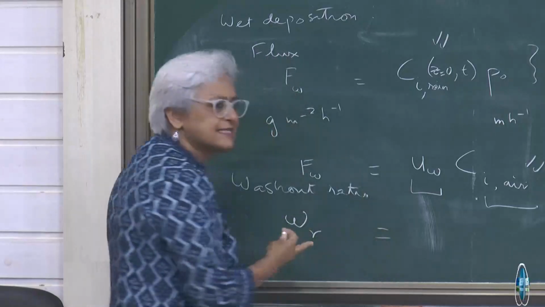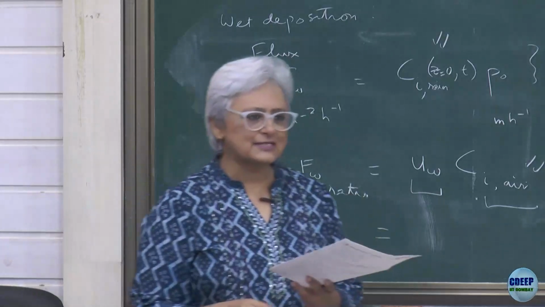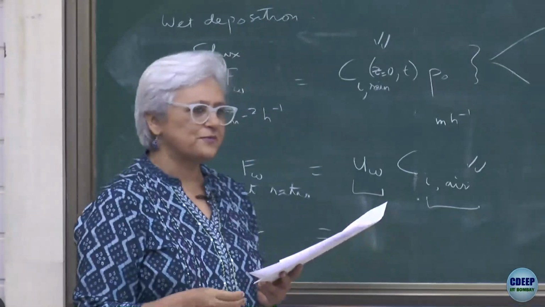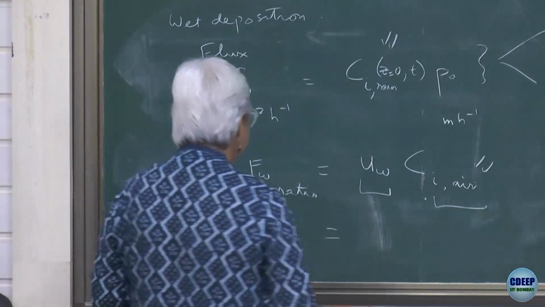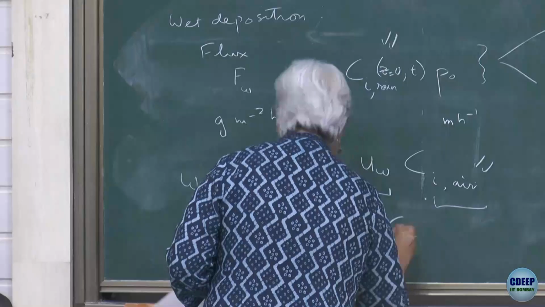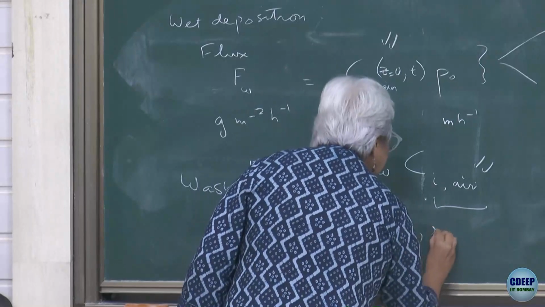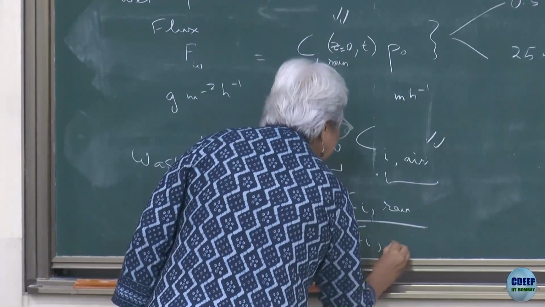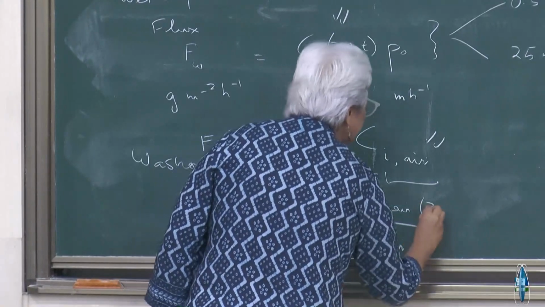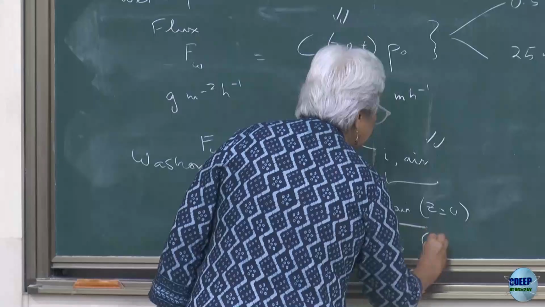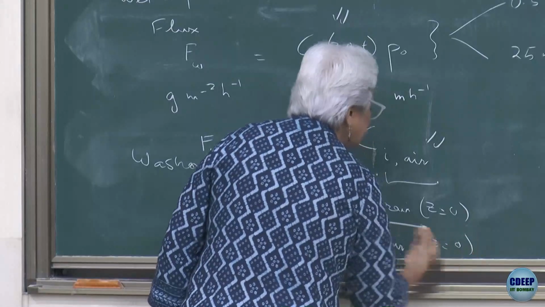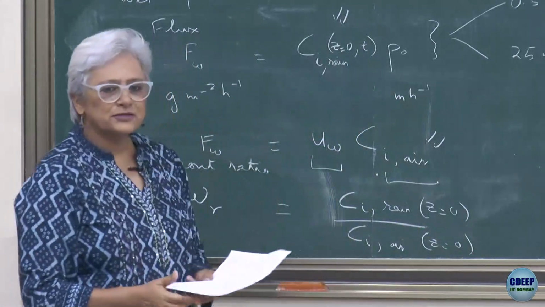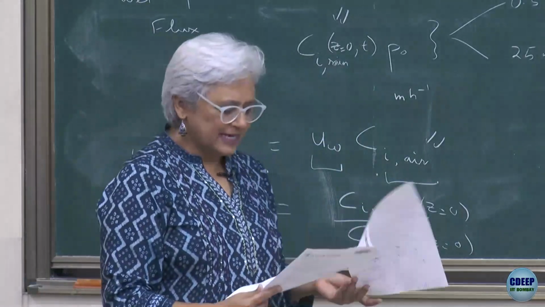And of course, this will vary from particle size to particle size, and from rain rate to rain rate, etc. But really you need to say that this is defined in terms of the concentration in rain divided by the concentration in air, and these are all at z equal to 0, because that's where we have measurement capability. All right.